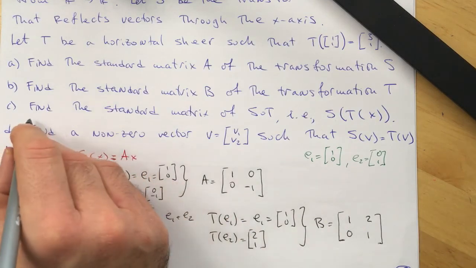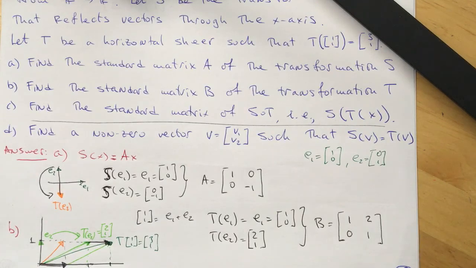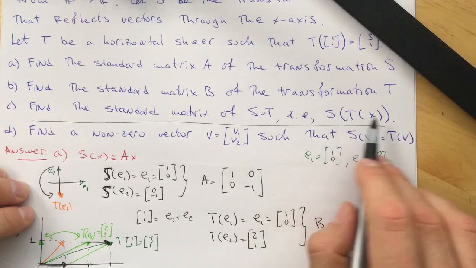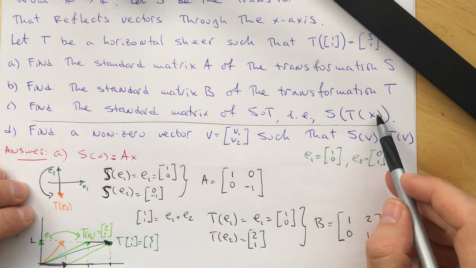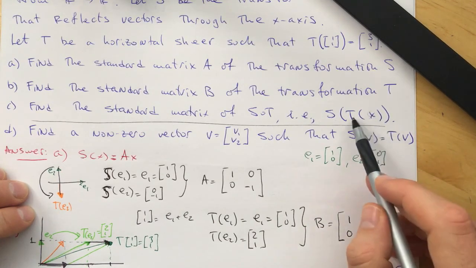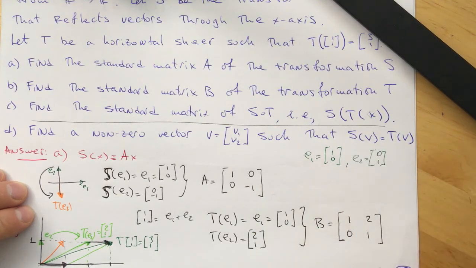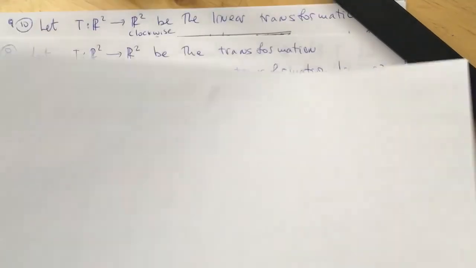So now I want to find the standard matrix of the transformation S composed with T, or simply S of T of x. As you can see, first to a particular vector x we apply the transformation T, and then to that image we apply the transformation S. We can solve this in two different ways.